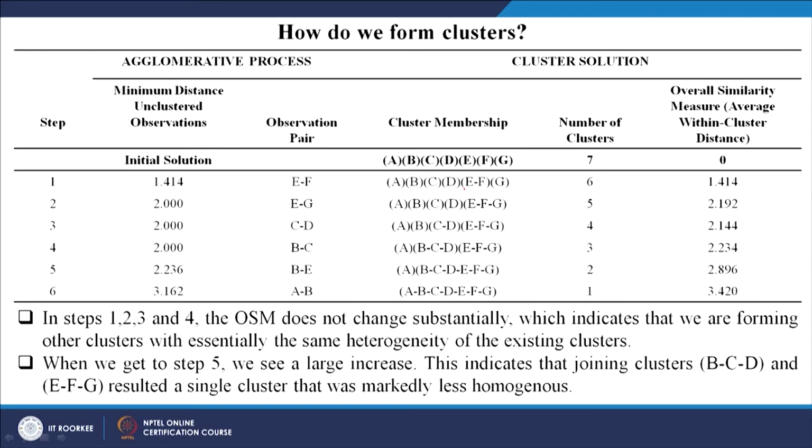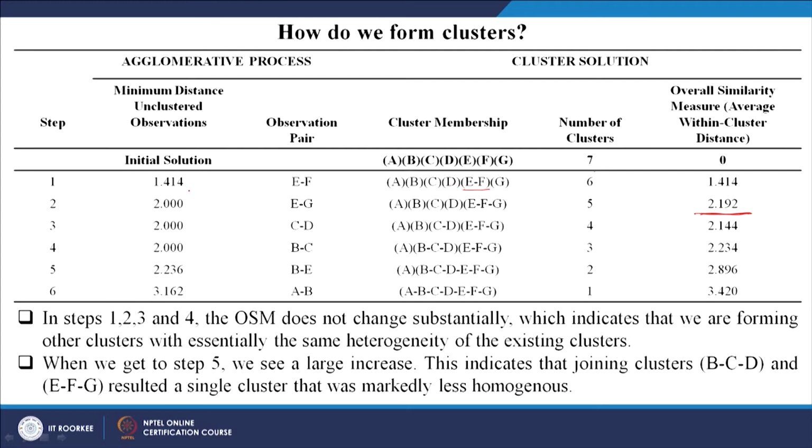So first we are clubbing E and F, and then how many clusters are left? 1, 2, 3, 4, 5, 6. So this value remains the same. Then next is A, B, C, D, E, F and G, where E, F and G we have clubbed. So how do you do it here? You must be wondering how this value has come. To do that, E and F is 1.414, E and G is 2.